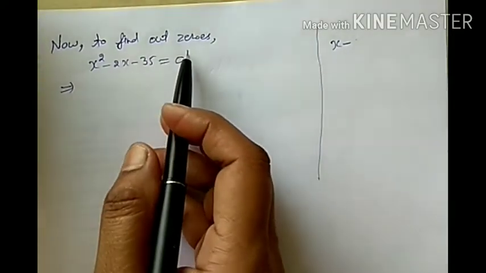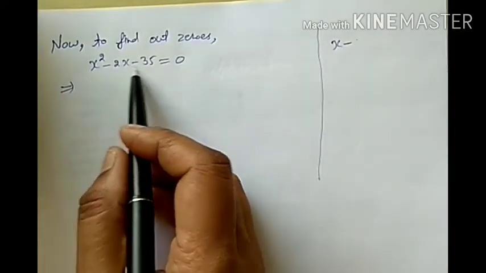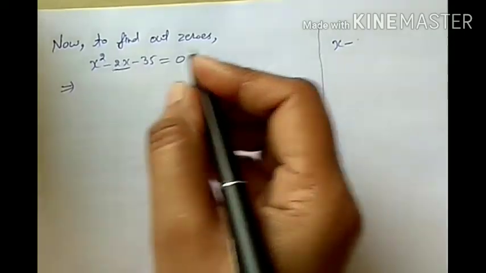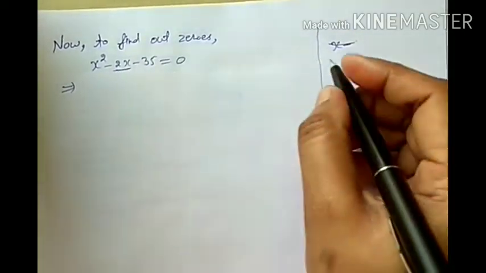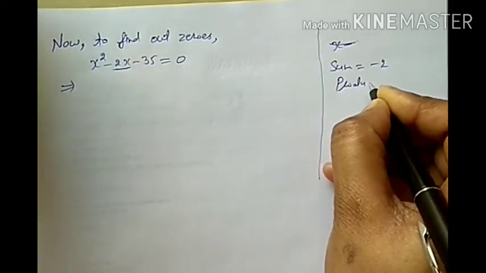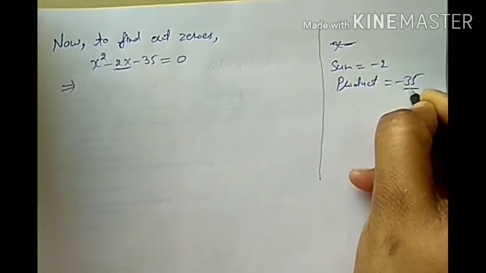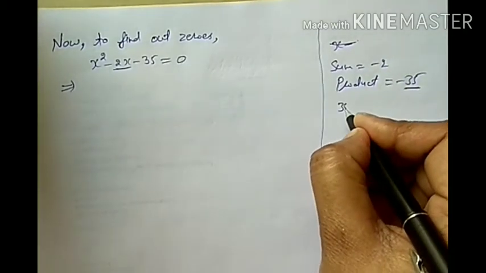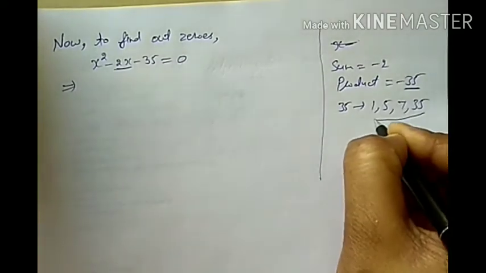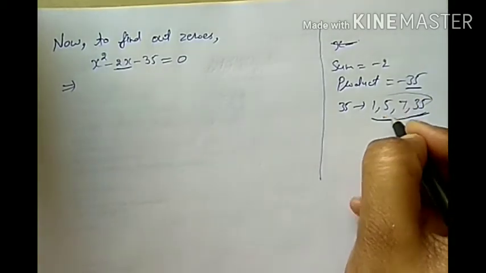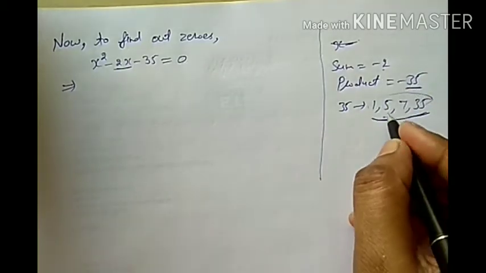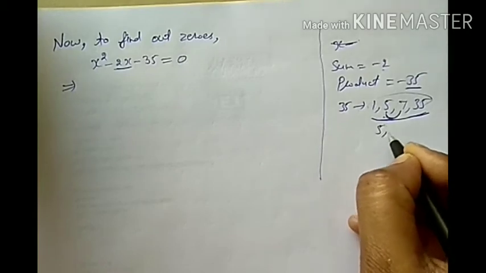Now to find the other zeros, we will equate our factor to 0. So now we will split the middle term, and the middle term we will split such that the sum is minus 2 and the product is minus 35. See, the factors of 35 are 1, 5, 7, 35. In these factors, what combination, what pair can we make such that their sum is minus 2 and product 35? So it is confirmed that the pair will be 5 and 7.